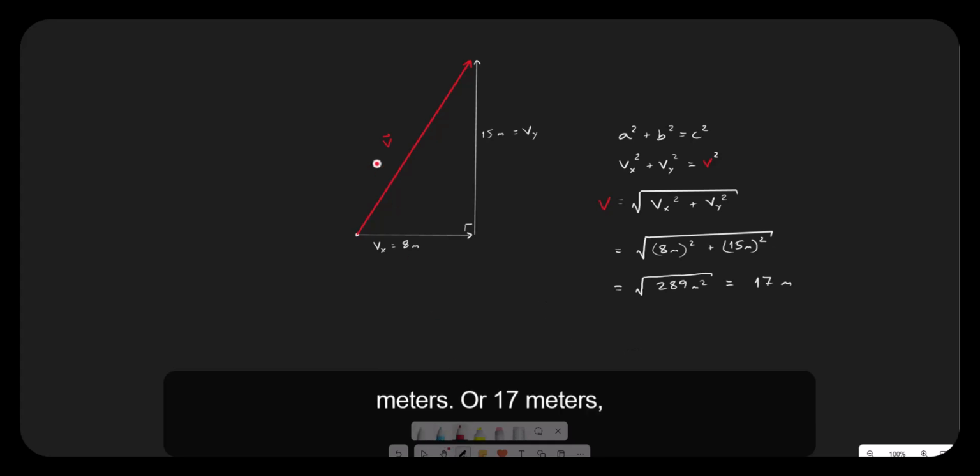V is 17 meters, or 17 meters, I got stuck on it, miles. That's part of it. The other part that I need is the angle.